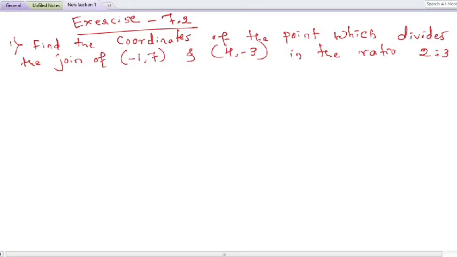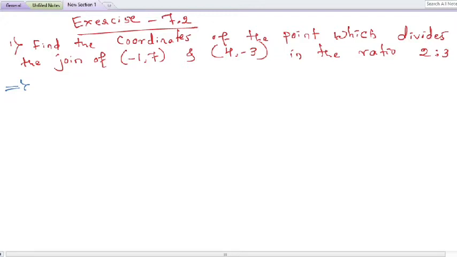See, very simple problem. See, what is asked? Find the coordinates of the point which divides the join of -1, 7 and 4, -3 in the ratio 2:3. So, here what is asked? P of x, y is asked.